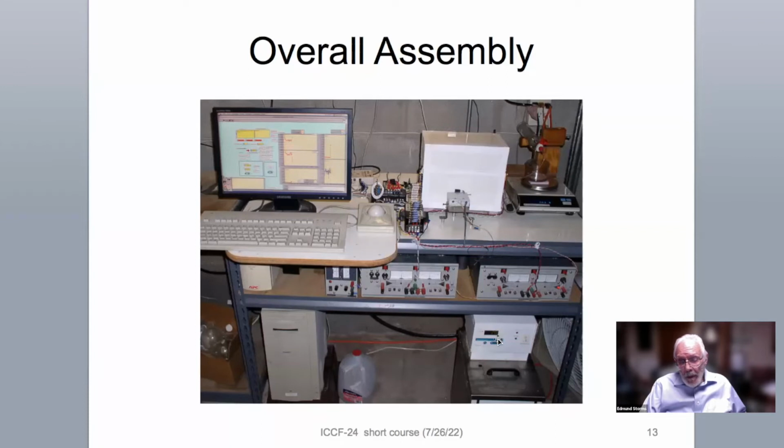And then below, you can see the source of pumped water. This water is at constant temperature, in my case, 15 degrees, and it has a variation in its temperature of 1/100th of a degree.